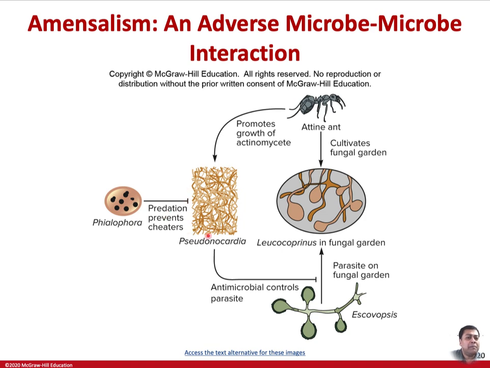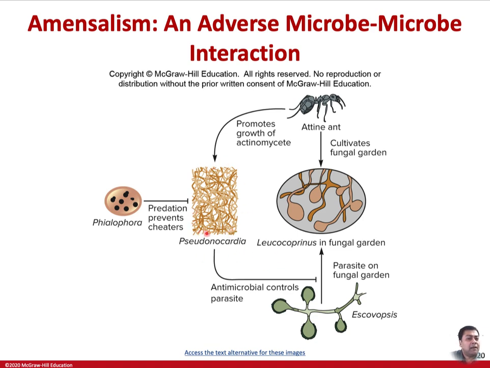What we mean by that is, when the ant carries these actinomycetes, there could be many different ones, and the production of these antimicrobial compounds is energetically very demanding. So many of these bacteria will not produce these antimicrobials all the time, whereas some of their neighbors will.